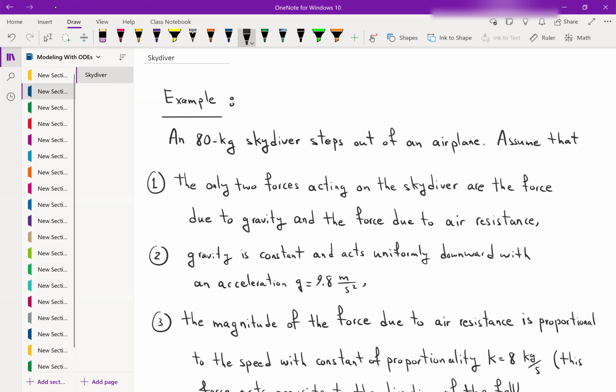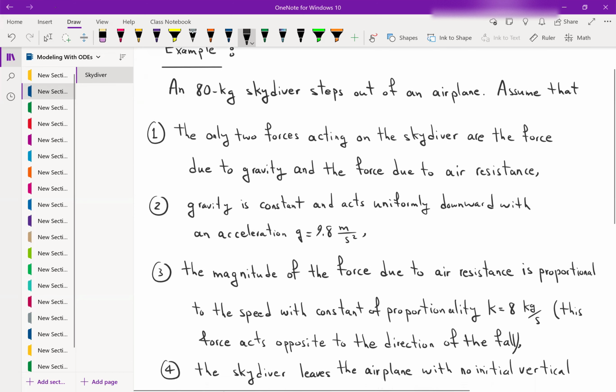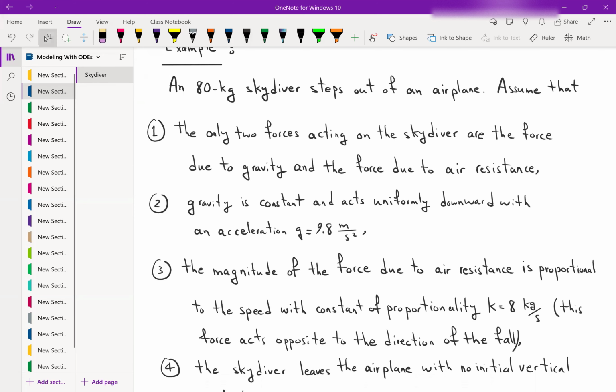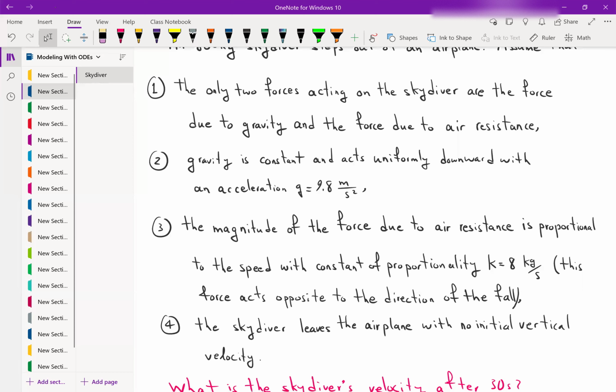Our next assumption is that the magnitude of the force due to air resistance is proportional to the speed, with constant of proportionality k equals 8 kilograms per second. And this force, the force due to air resistance, acts opposite to the direction of the fall, opposite to the direction of the velocity vector.